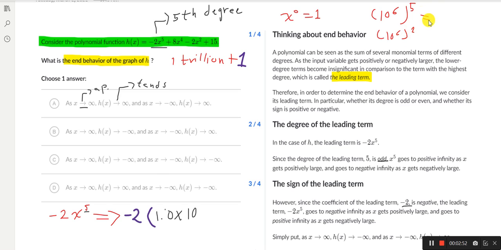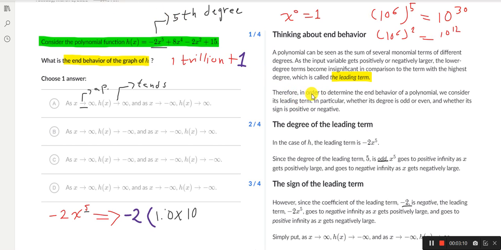In this case, this is going to be raised to the power of 30, and this will be raised to just the power of 12. So 30 is much bigger than 12. So this is completely true.